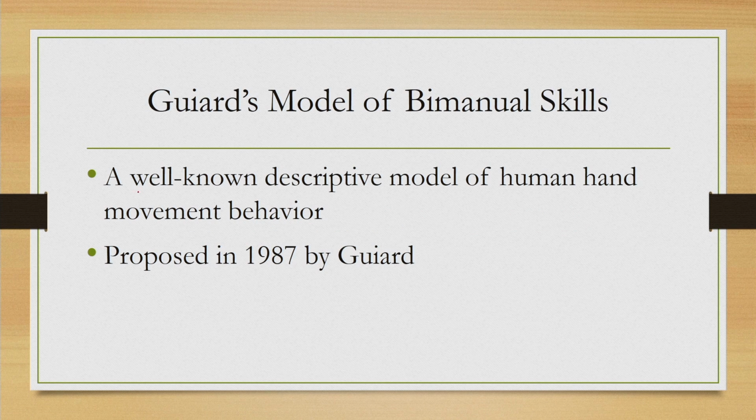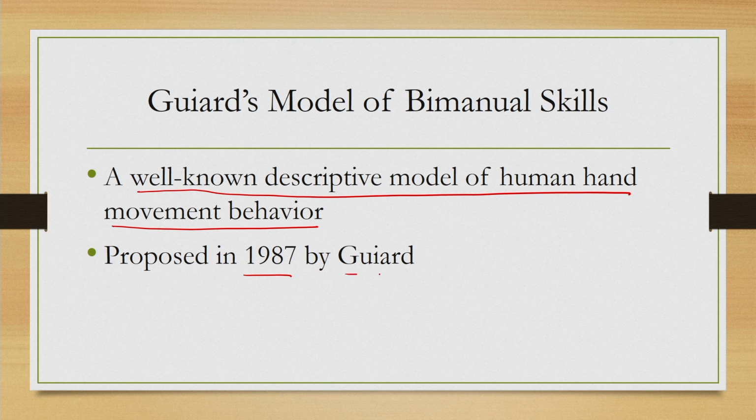Next, let us consider a slightly more complicated model, that is called Guyard's model of bimanual skills. Now, this is a very well known descriptive model of human hand movement behavior. So, this is a model that helps us understand the human hand movement behavior, and it was proposed way back in 1987 by Guyard.